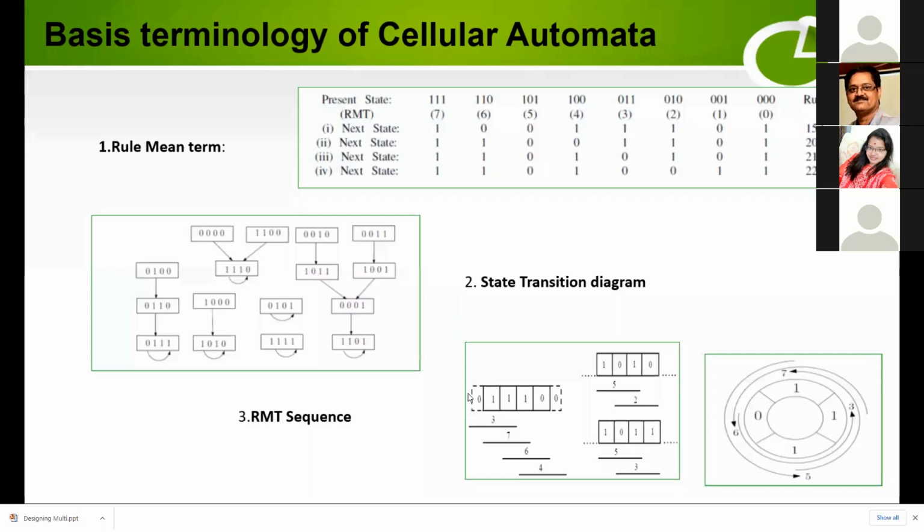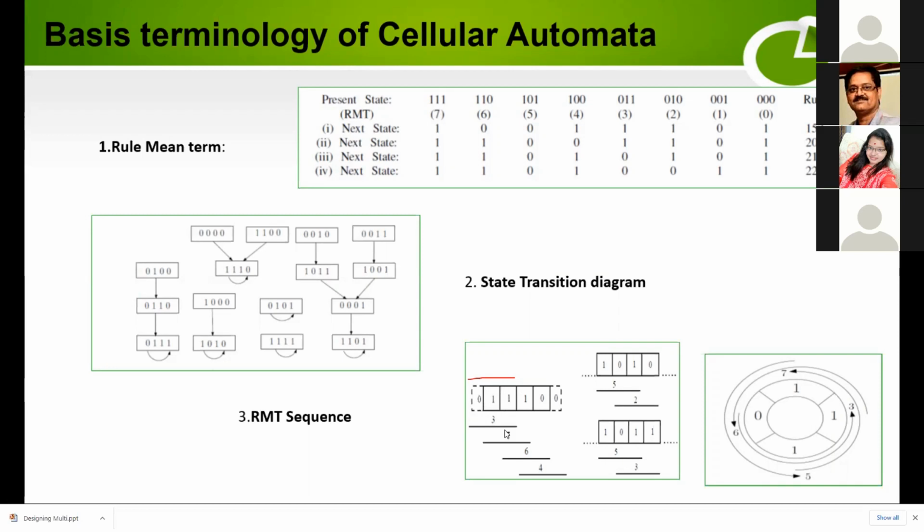In the case of null boundary condition, as I stated earlier, the extreme left and extreme right are considered logic 0. So first we convert the first three bits, 0 1 1, from binary into the decimal equivalent, that is 3.